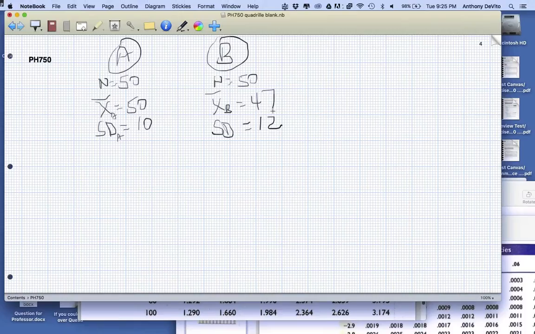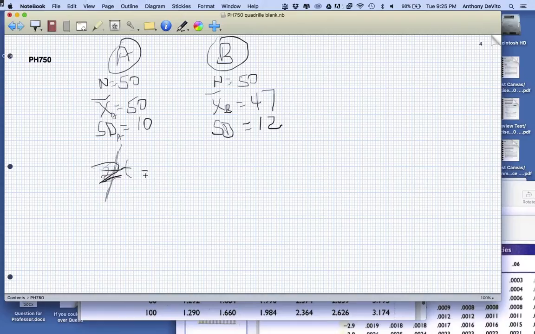Okay, so now I want to compare these two. And I'm going to do exactly the same thing I did before. I'm going to say to myself, either Z or T, right? I won't worry about which one right now because actually it's a pretty big sample size. We're at 50 or larger, so I got a shot at using Z here.